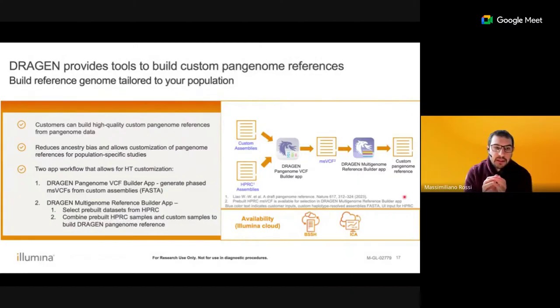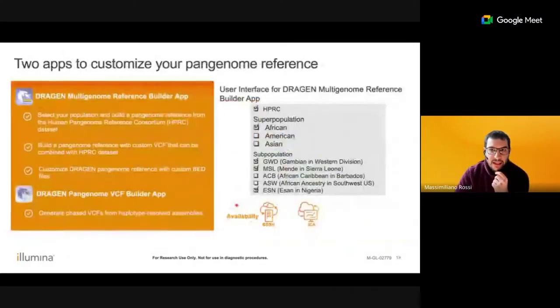We also made available a pre-built set of samples from the Human Pangenome Reference Consortium assemblies, which can be easily selected. We also made a web interface where the user can select, for example in this case, samples from the Human Pangenome Reference Consortium with an African superpopulation ancestry, but belonging to the subpopulations of Gambian, Mende, and Esan.